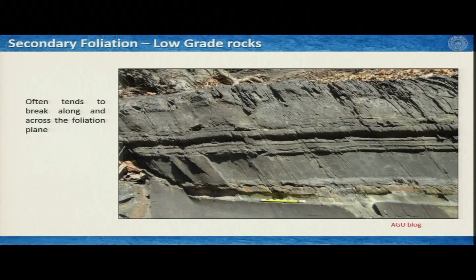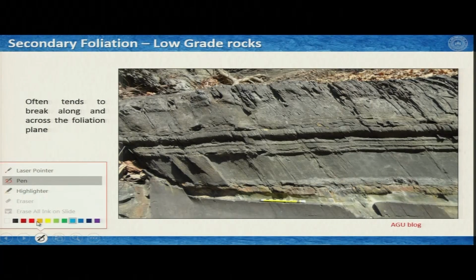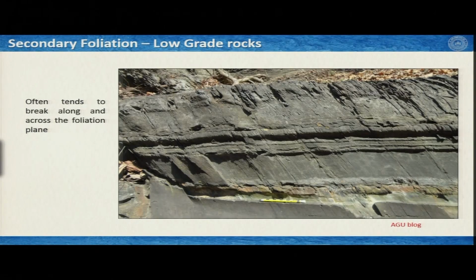This is a classic one. I took this photograph from an AGU blog, and without understanding first which one is what, let us first identify the planes here. That is also another way of looking at it.